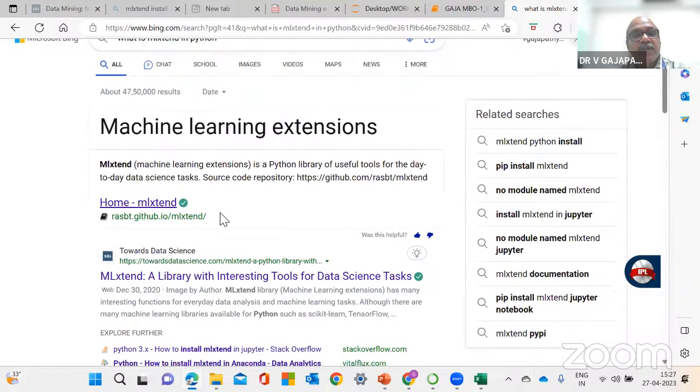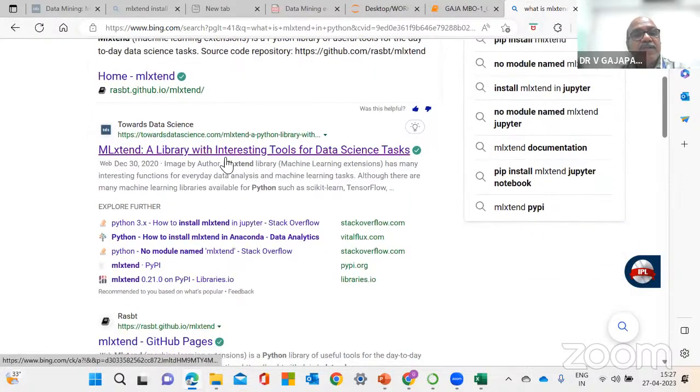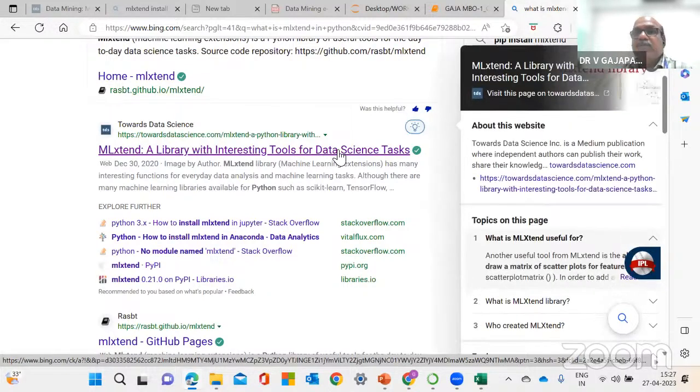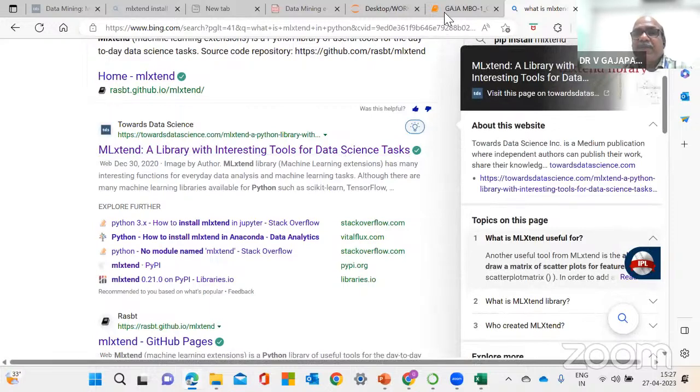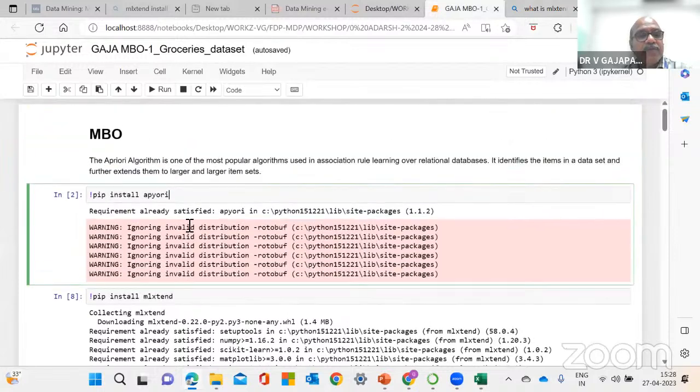Source code repository, everything is there. It is on GitHub. And on Towards Data Science, MLxtend is a library with interesting tools for data science. It is having many tools. It is very important to keep in your toolkit also. So this is simply a toolkit. That's all. Okay. I have to execute now.